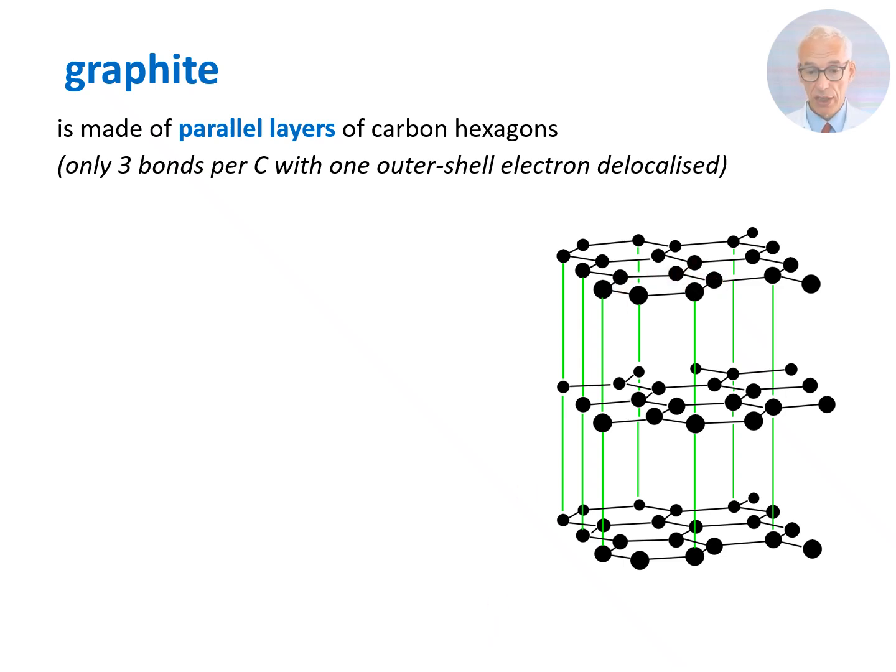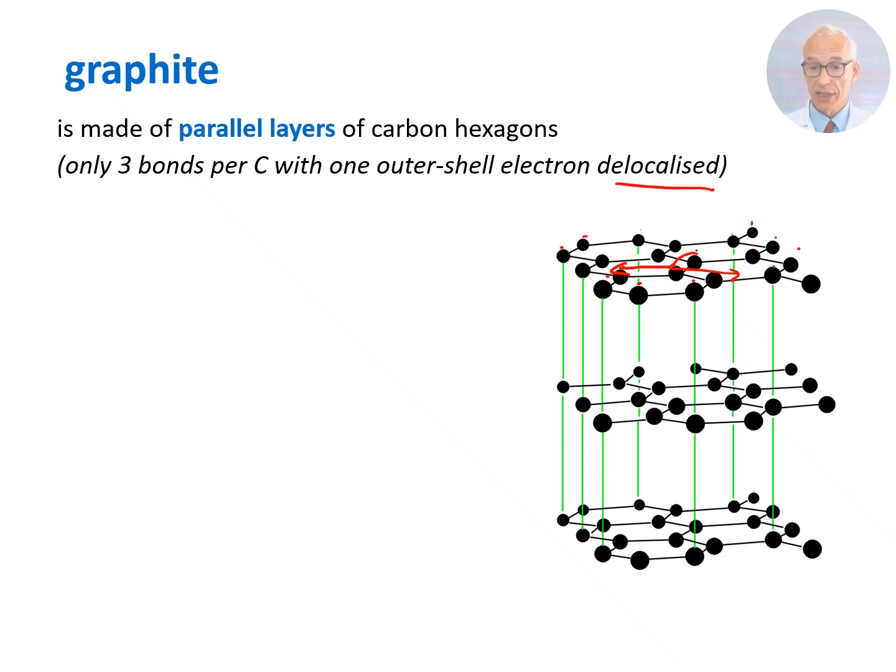That means for every carbon atom, there is one outer shell electron that is not involved in bonding. So every carbon atom has an unbonded electron. Those electrons are free to move throughout the structure. That is, they are delocalized.